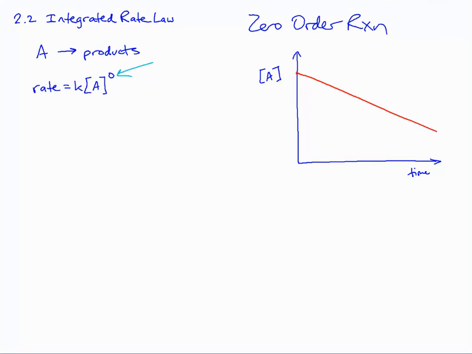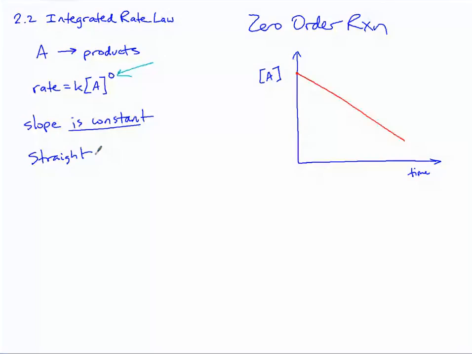And this graph is a straight line. Okay, so here's what's going on. As the concentration of A decreases, the slope is constant. It's a straight line.